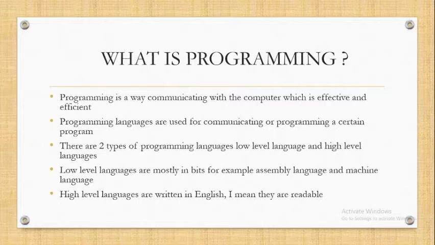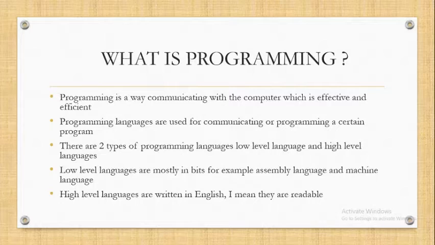Just like us, even programming has languages, and some languages are Java, JavaScript, Python, etc. There are mainly two kinds of programming languages: low level language and high level language. Low level languages are the languages that are mostly in bits, like assembly language and machine language.